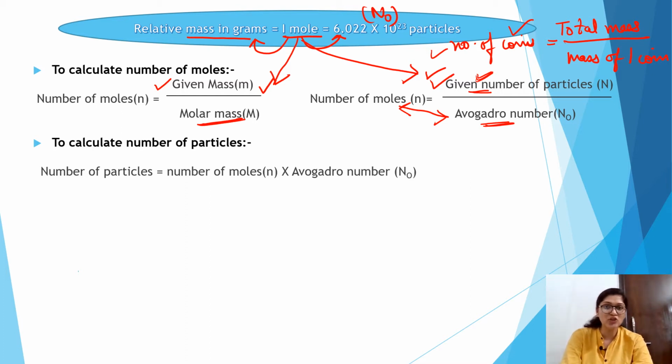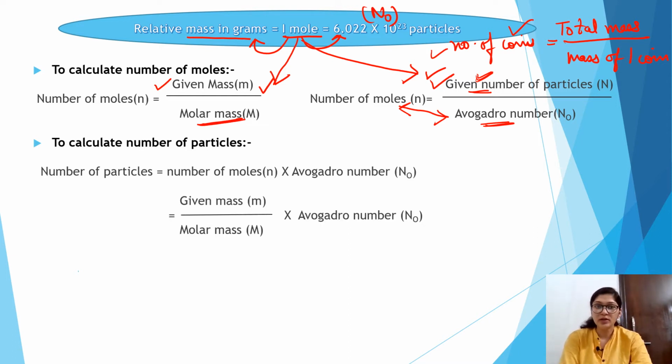So keeping these two formulas in mind, you can derive any numerical. The number of particles can also be calculated by putting in the above formula: number of moles multiplied by Avogadro number, and the value can be put here, given mass upon molar mass multiplied by Avogadro number. So from these two formulas, the number of particles can be calculated.